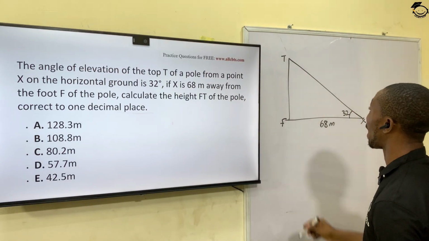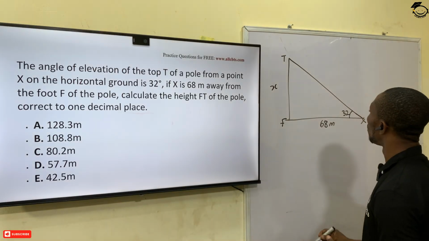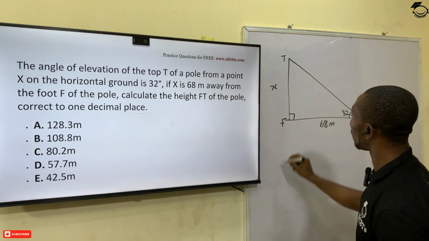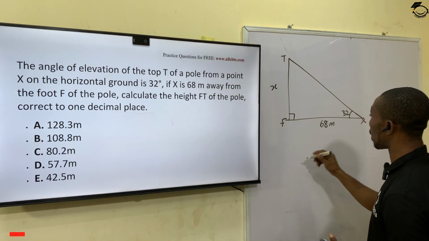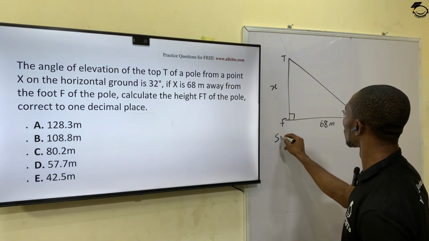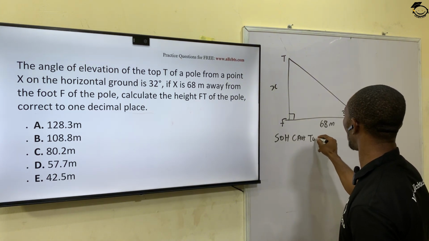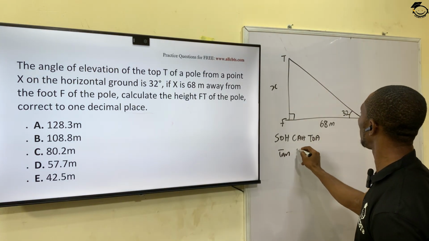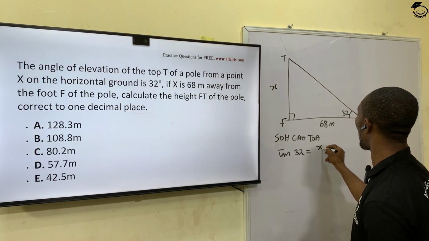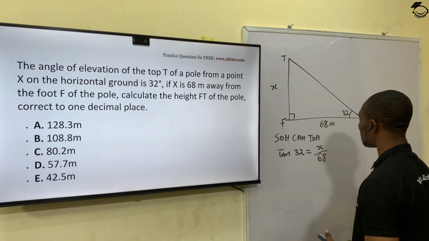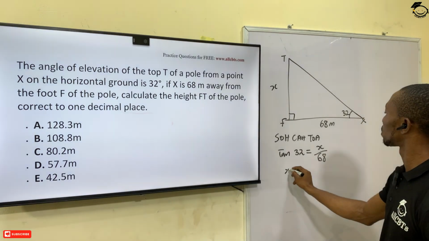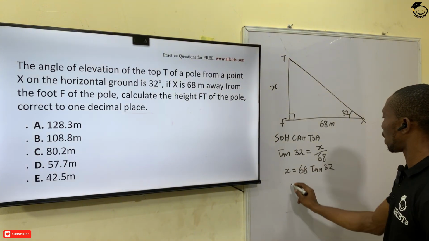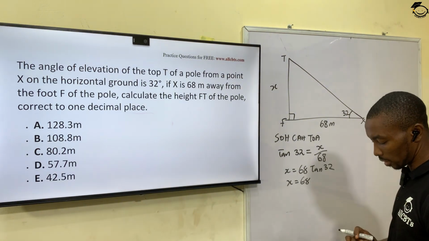Now, in order to calculate the height, since you're looking for this, x, this is our opposite, adjacent, and hypotenuse. So we are going to use our SOHCAHTOA, where we are going to use opposite and adjacent, which is tan. So this becomes tan 32 equals x over 68. All right, so x would be 68 times tan 32.